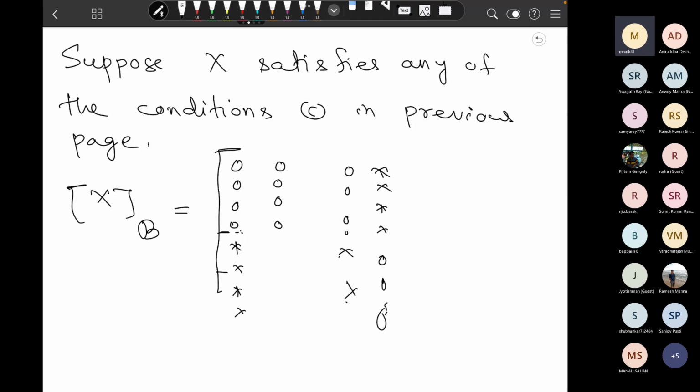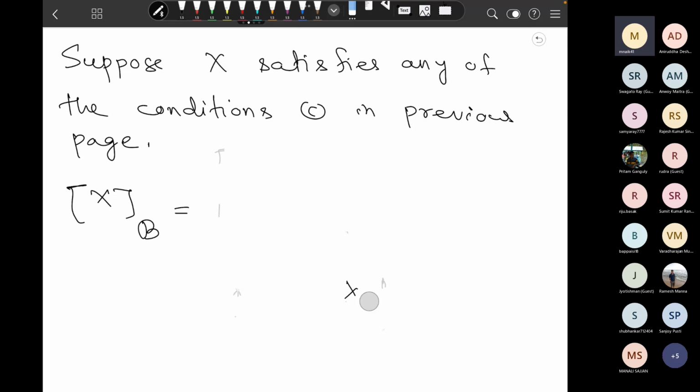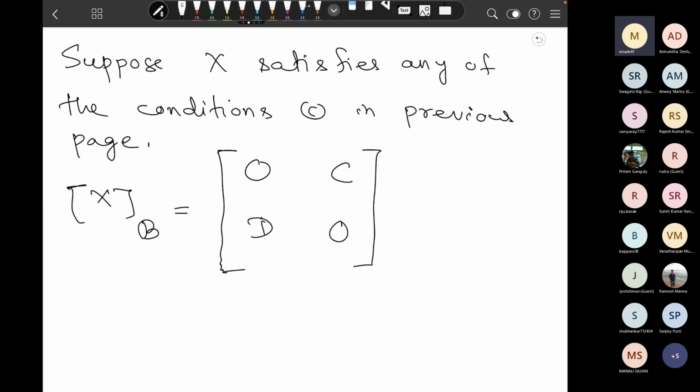So X will be of this form: 0, B, C, D, 0, where the top block is a k cross k matrix, and the bottom block is an n minus k cross n minus k matrix.